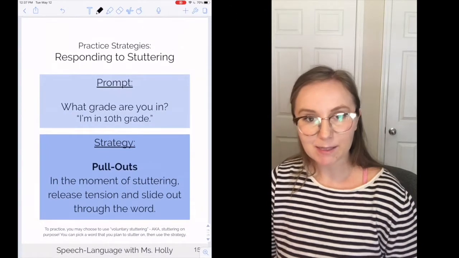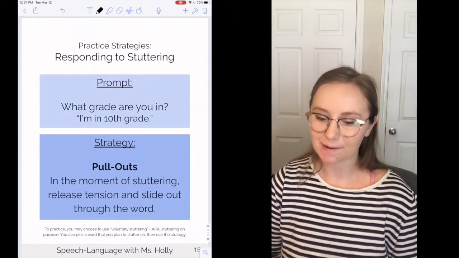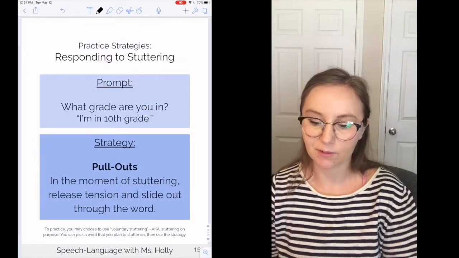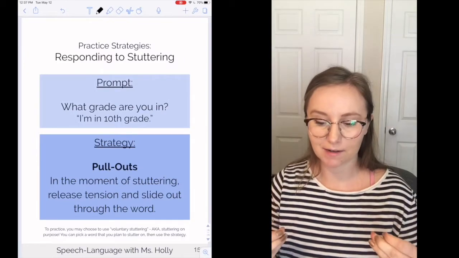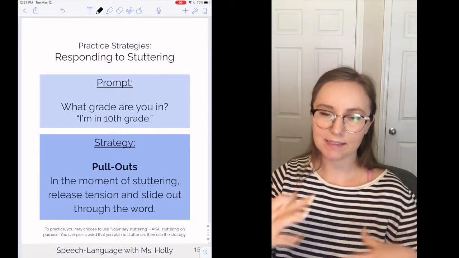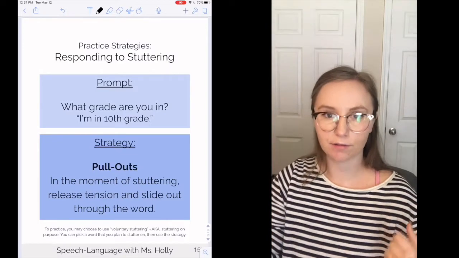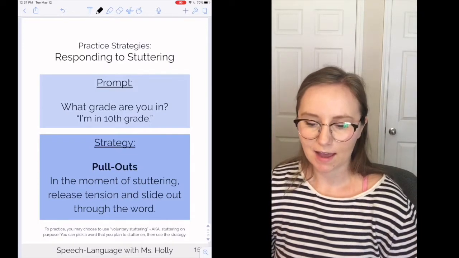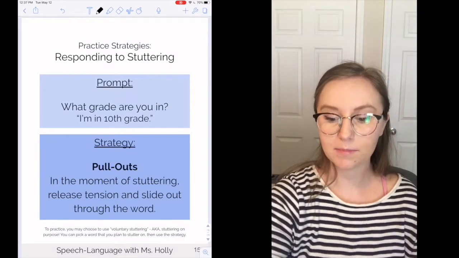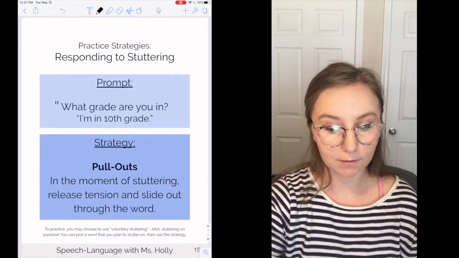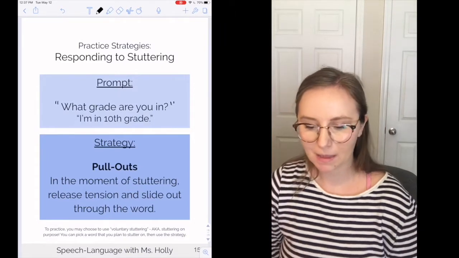All right, and the last strategy that we're going to use is the pull-out strategy. And remember, this is where in a moment of stuttering, you release the tension and you slide out through the rest of the word. And for the prompt, we have, what grade are you in? So I'm going to make this up.